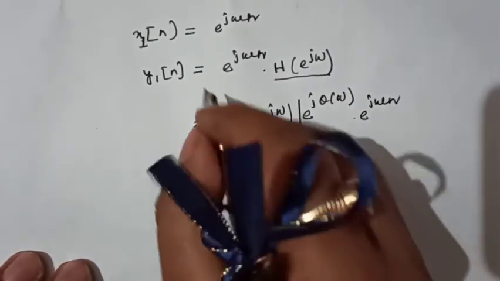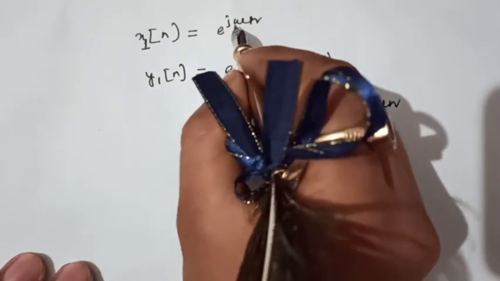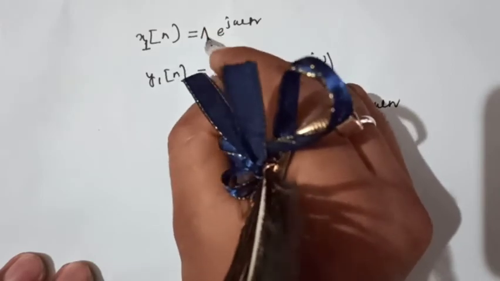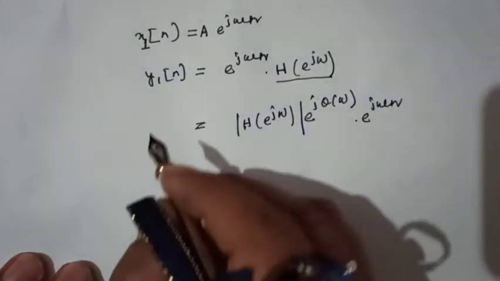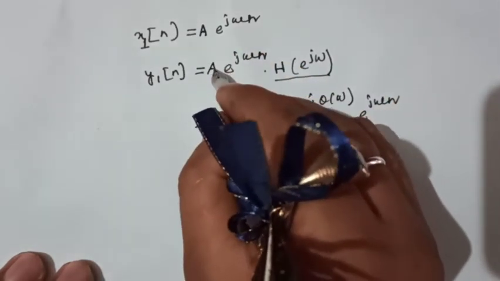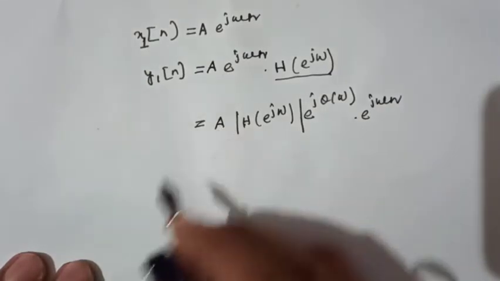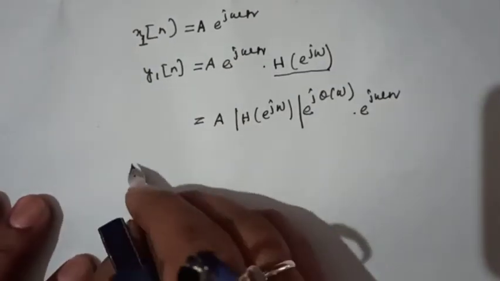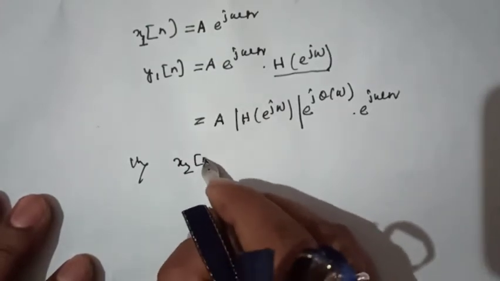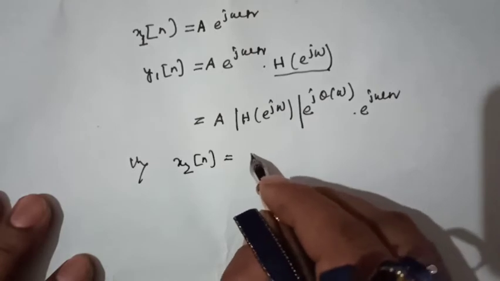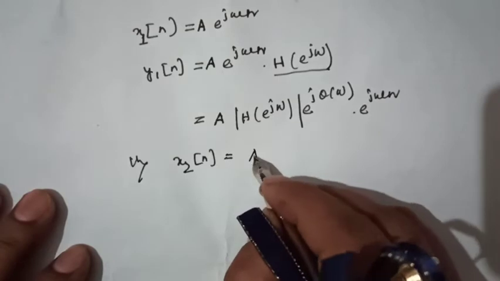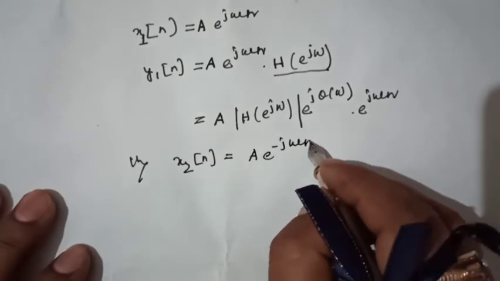Now suppose this x1 of n, e to the power j omega n, is multiplied by some constant a. Since the Fourier transform is linear, that linear weight will be there in the output also. Similarly, suppose I consider another input x2 of n as a into e to the power minus j omega n.